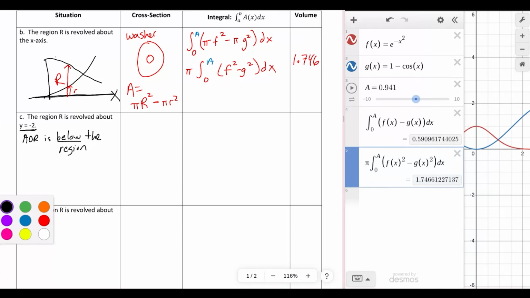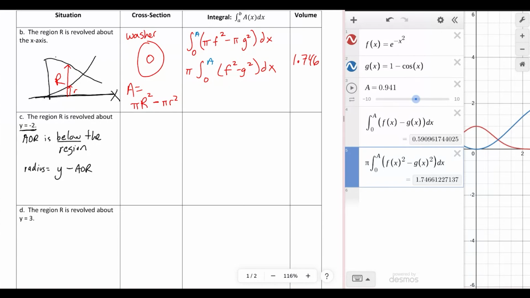Then the radius will be whatever that function is minus the axis of revolution. So the radius is whatever the function is, I'll call it just y, minus the axis of revolution. I don't want to call it f of x because we're already using f of x in here, but f of x or g of x, whatever the function is.